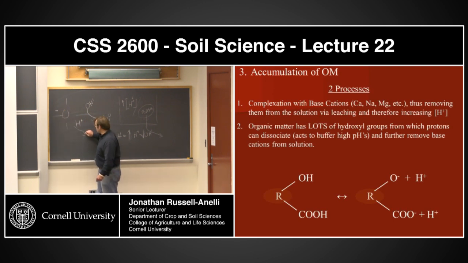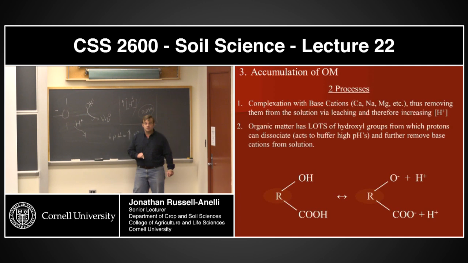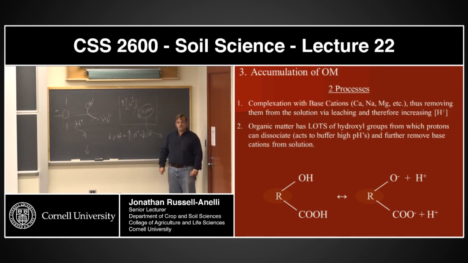The bases are going off into solution. Where are they going to go? Some of them are going to get potentially caught by plants. Much of them are going to be leached from the system, which increases the loss of my bases. Does that make sense? Now, this is all happening at the same time.